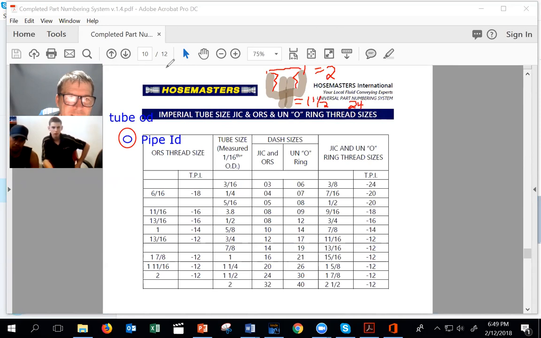Sounds a bit confusing, doesn't it? At first. You understand? You're measuring the tube size. Why is that so important when you're working on machinery? What if you can't unscrew the nut?